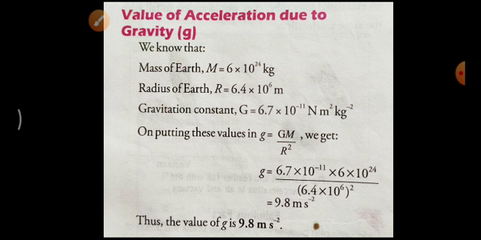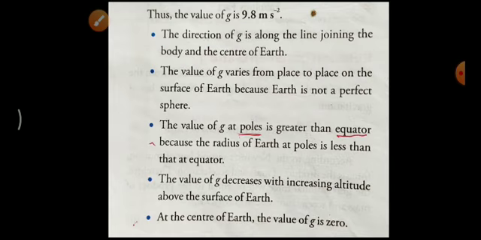By putting all the known values in the equation g is equal to GM divided by r square, what will we get? 9.8 meter per second square, which is the approximate value of the acceleration due to gravity. Thus the value of g is 9.8 meter per second square. I hope all of you have understood. Simple one only.